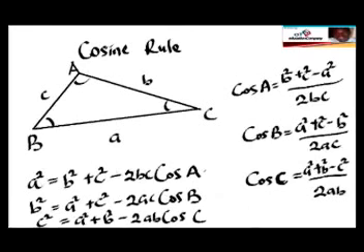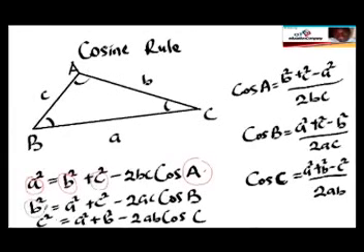Now you can see that whenever you're looking for the side A, you have two other sides given and the angle that faces A, that's the angle A. So there's a relationship here. You just have to take a very good look at that. Whenever you're looking for A, you must be given cos A and two other sides.